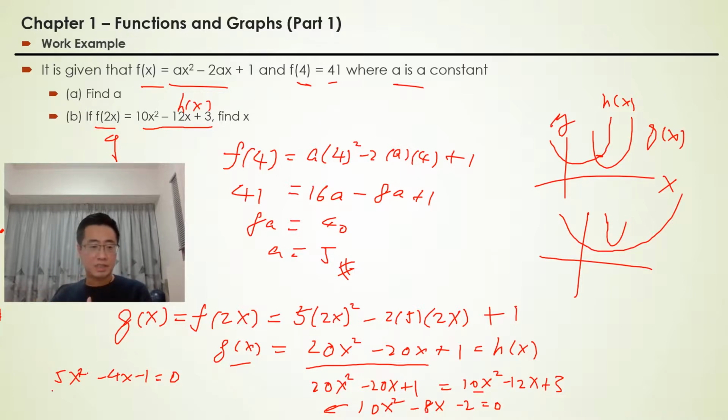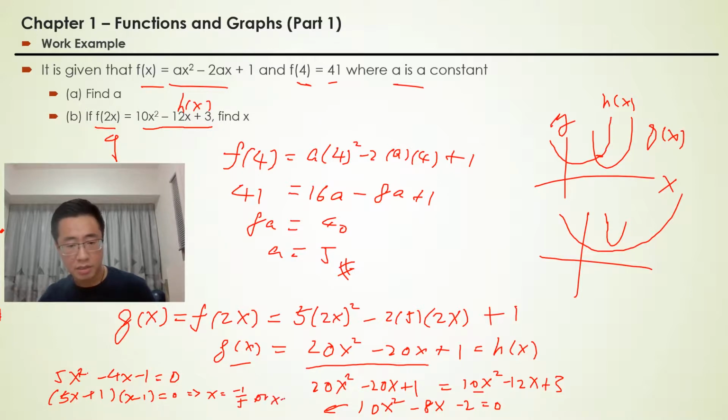And then immediately you do the simple factorization here, which is equal to (5x plus 1) and also (x minus 1). So immediately you can find out the roots: x equal to minus 1 over 5, or x equal to 1. And this is the solution for part B.